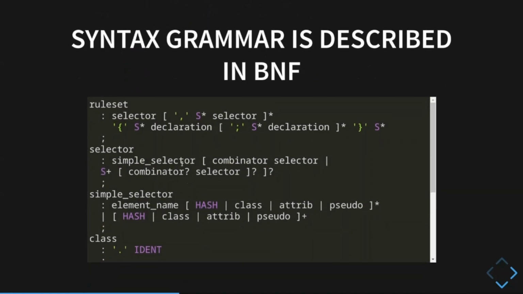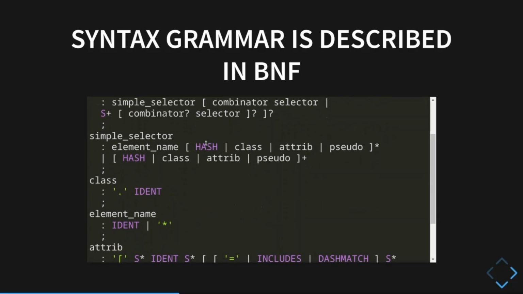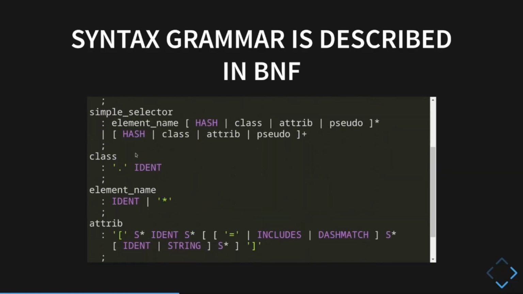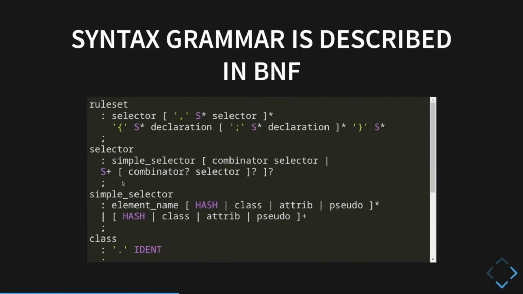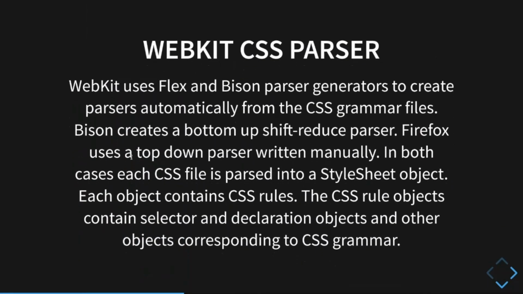We have a syntax grammar described in Backus-Naur form. We have a rule set, selector, declarations, for class, selector, name, attribute, pseudo class, and so on. Also, we should say that WebKit has its own CSS parser.